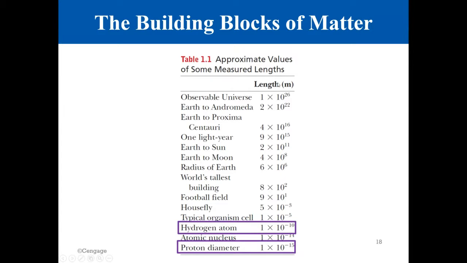You see the unit used for length is meter. The size of the hydrogen atom is 10 to the minus 10 meter. The size of the proton is 10 to the minus 15 meter. So it is always good to be able to use this approximation when you describe things.